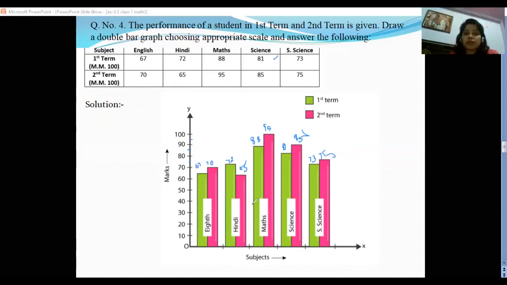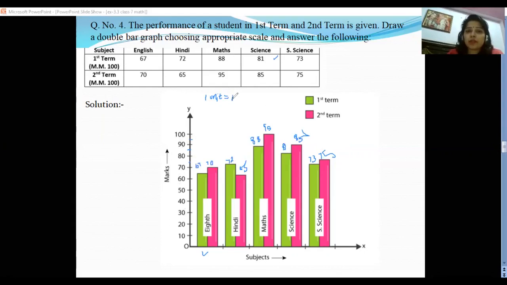After this, you can see we have to mention English, Hindi, Math, Science, and SST. You can write them here, or you can mention them here also. It is up to you where you want to write. In this bar graph, only one thing is pending, and that is the scale. So we have to mention the scale: 1 unit is equal to, in total 10.